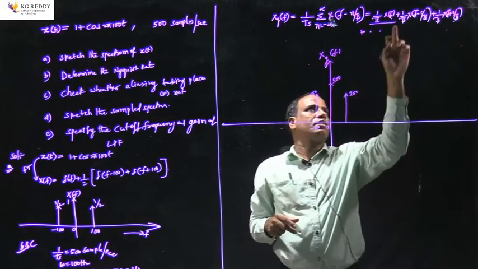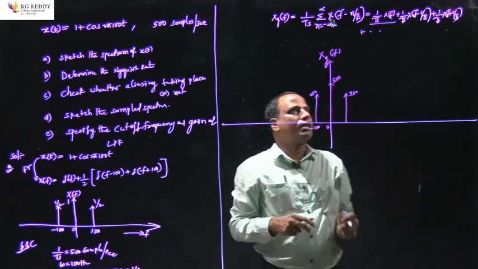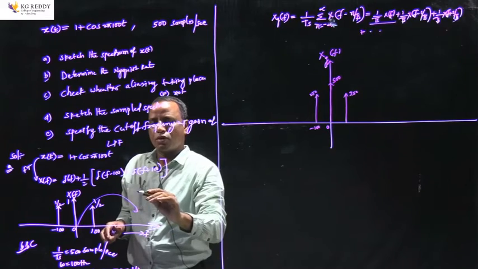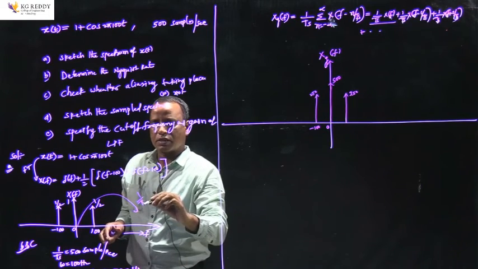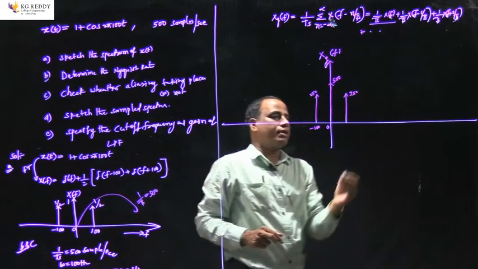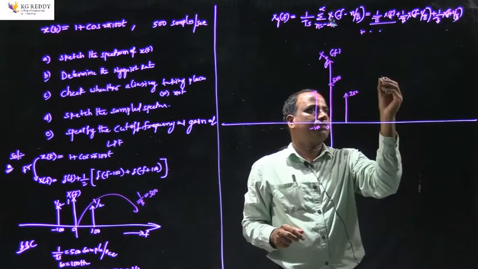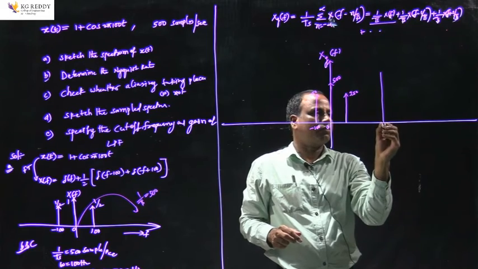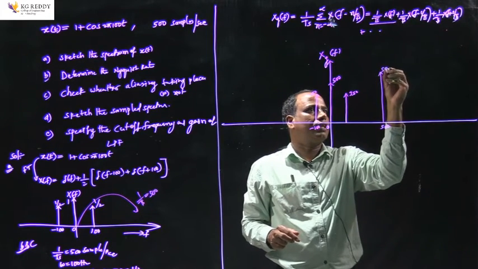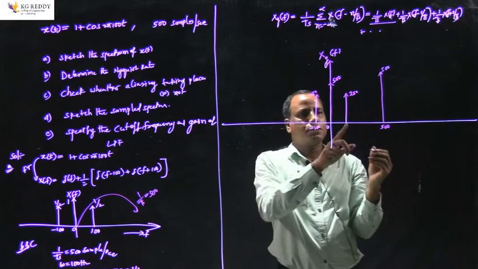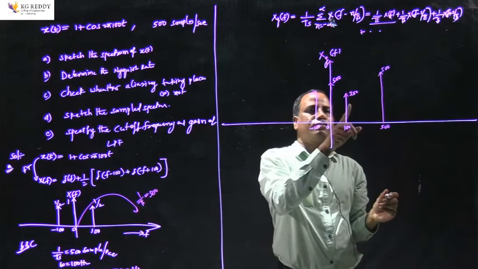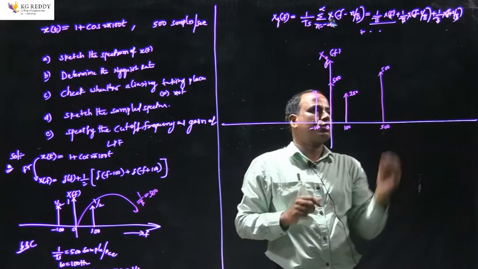Now plus 1 by Ts into x of f minus 1 by Ts. The same spectrum, with the origin shifted towards the right by an amount of 1 by Ts. What is 1 by Ts? 1 by Ts is equal to 500 samples per second. So the origin becomes 500 here, with an amplitude of 500, and origin plus 100 gives this sample, and origin minus 100 gives this sample.